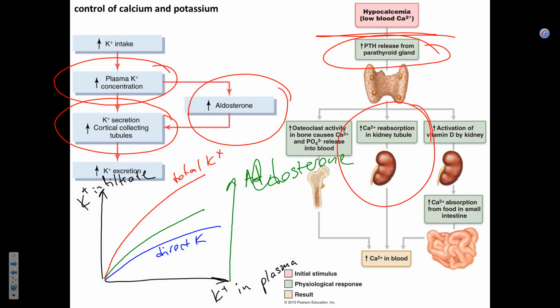Blue is the direct excretion, no aldosterone involved. Red is total. That difference, where does it come from? What's responsible for that difference? So that total excretion of potassium consists of the direct one and the one that's regulated by which hormone? Aldosterone. So you have two ways: the direct excretion and aldosterone mediated. We're clear?